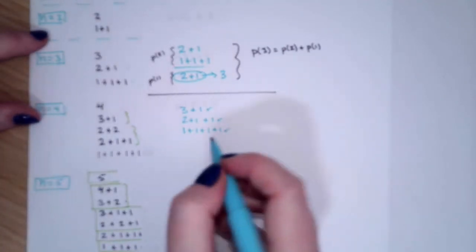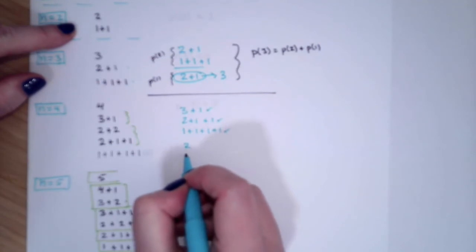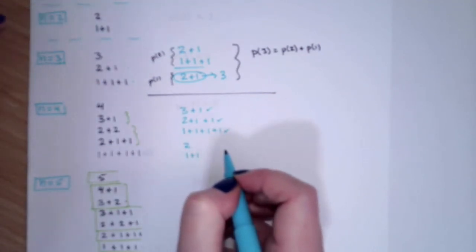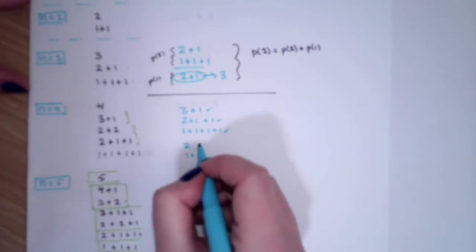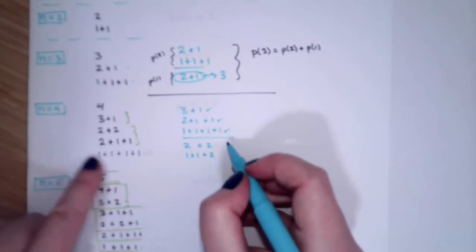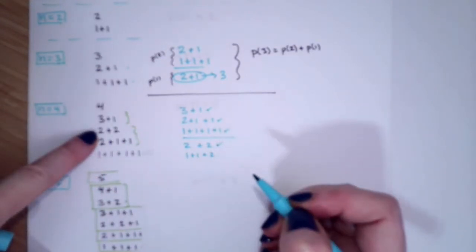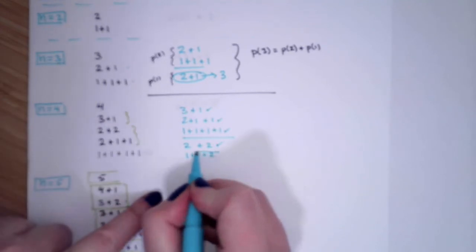If we looked at the previous one, 1 back from that would be 2 and then 1 plus 1. This is only the integer partitions of 2, so we only sum up to 2. So to get to 4, we'll add 2 at the end. And notice, what does that do? We now have the missing 2 plus 2, and the only number left in the integer partition of 4 is 4 itself.